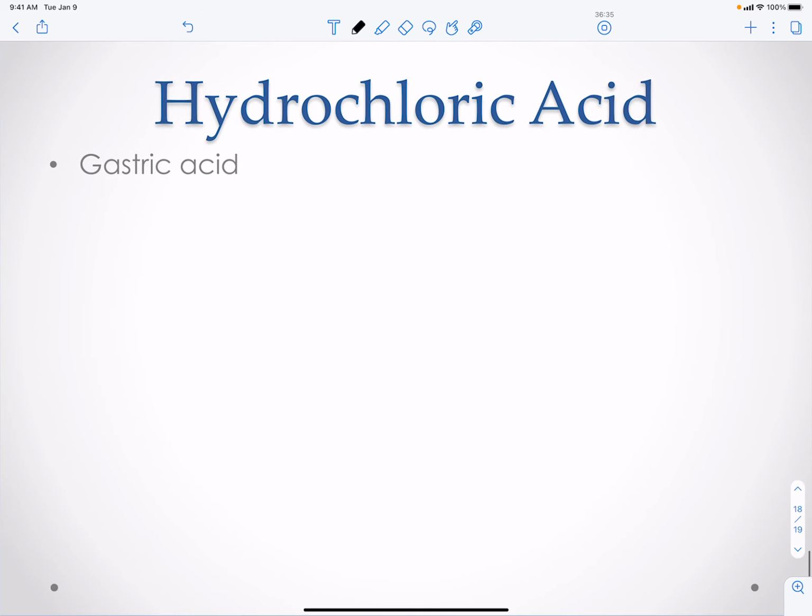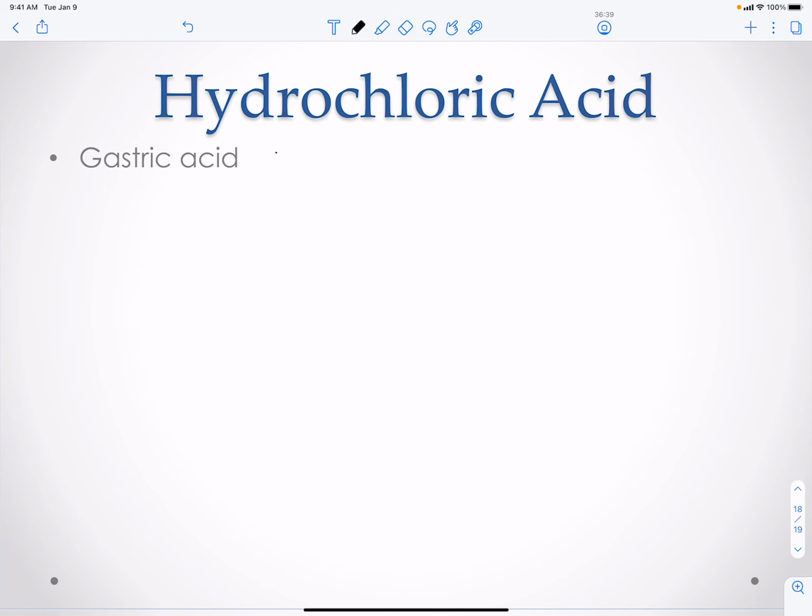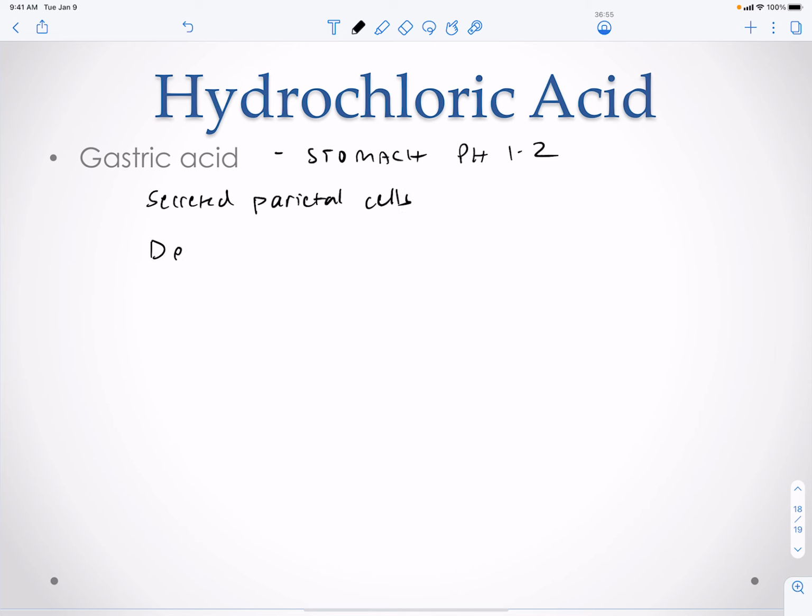Okay, so hydrochloric acid, gastric acid, and keep in mind stomach pH is about 1 to 2. It's going to be secreted by our parietal cells. It is important for denaturing proteins. And keep in mind the small intestine has a pH of 8 to 9.